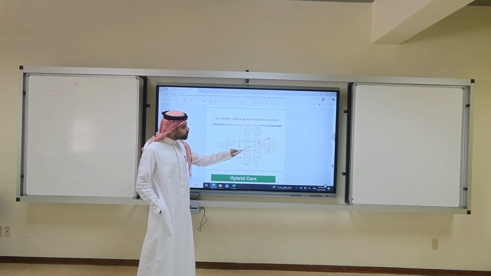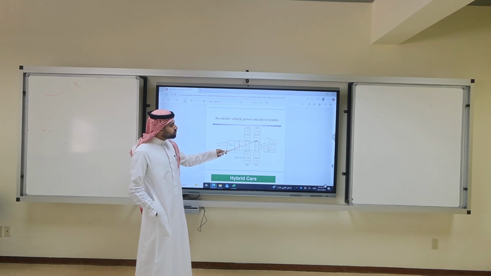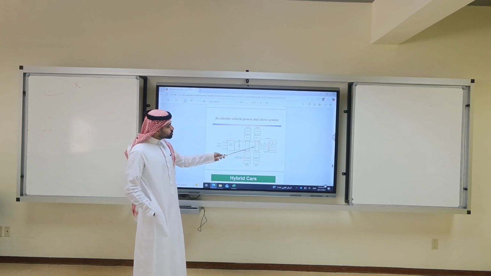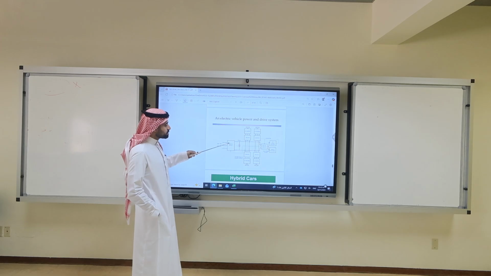I also have control signals sending commands to the inverter to control the speed of the machine. Induction motor of an electric car. Also, I feed back a signal to the charger if the battery needs more power.